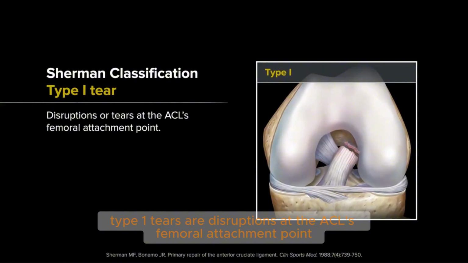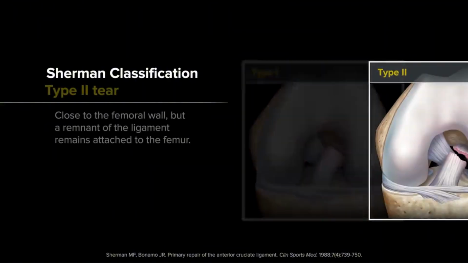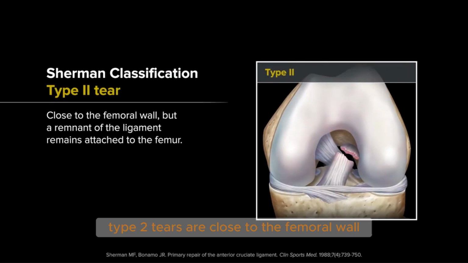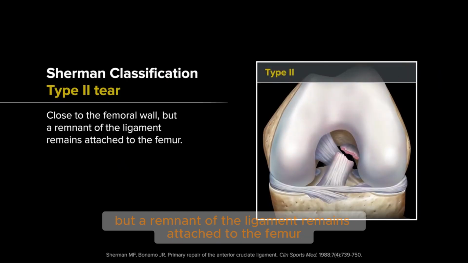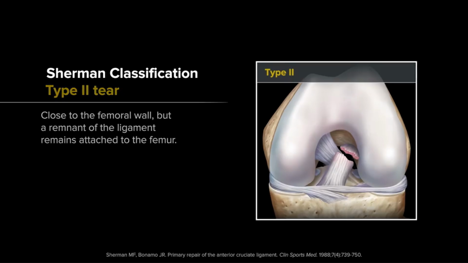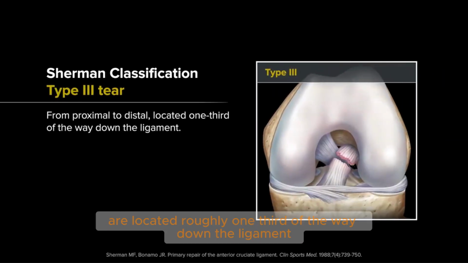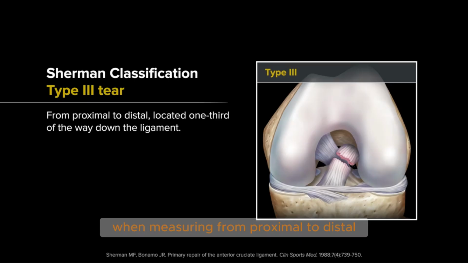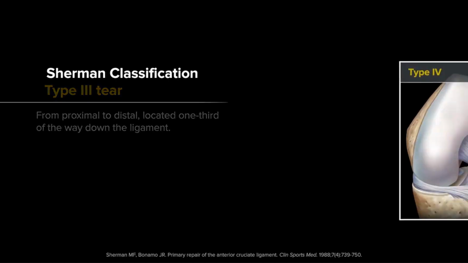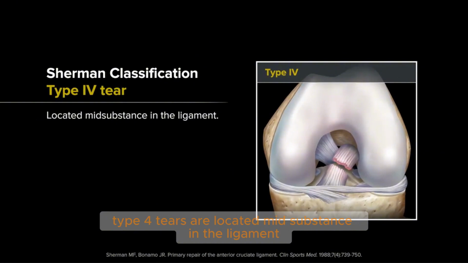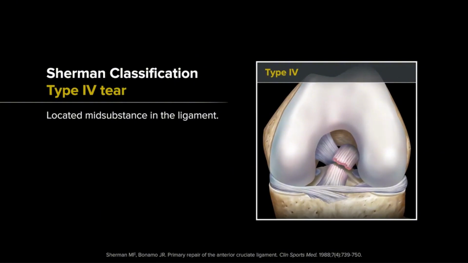Type 1 tears are disruptions at the ACL's femoral attachment point. Type 2 tears are close to the femoral wall, but a remnant of the ligament remains attached to the femur. Type 3 tears are located roughly 1/3 of the way down the ligament when measuring from proximal to distal. Type 4 tears are located mid-substance in the ligament.